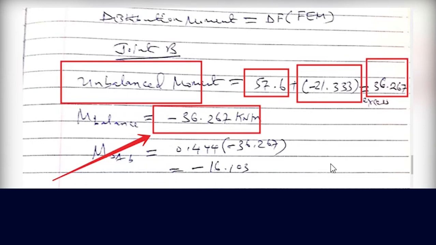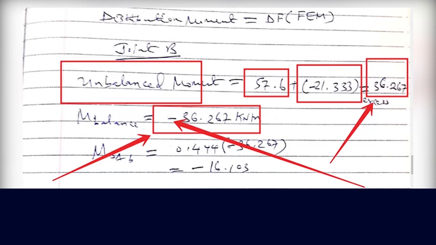So the excess, which is positive 36.27, should be balanced with a negative value of the same moment in order for the joint to be balanced.